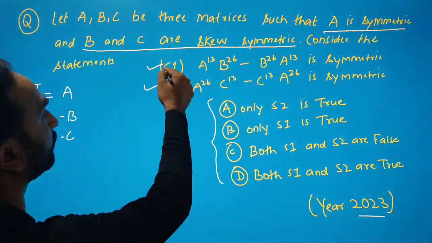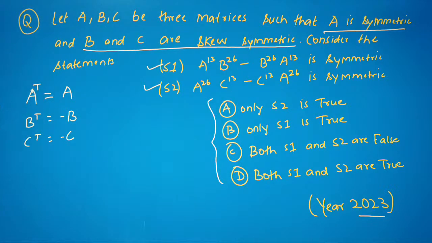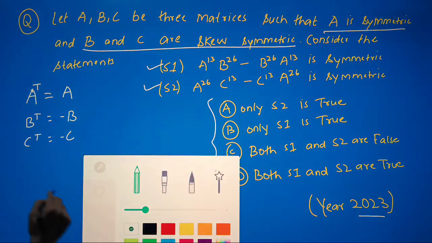Now the first statement, A^13 B^26 minus B^26 A^13. Let's consider this statement equal to M, right?